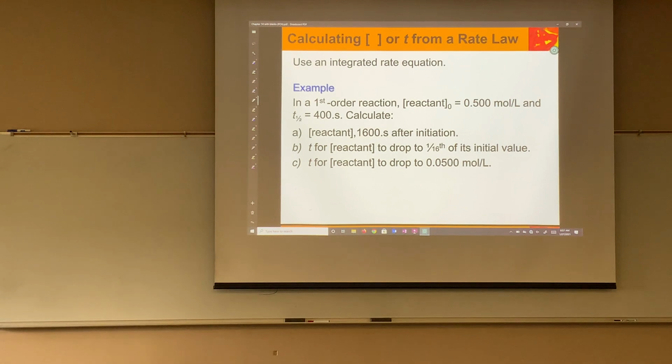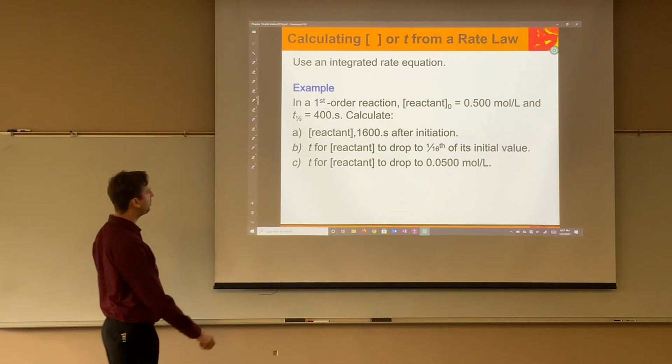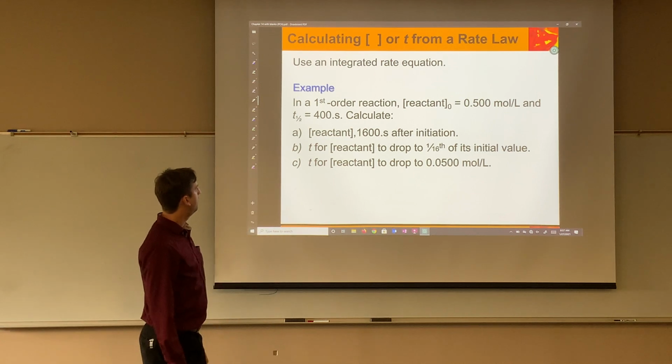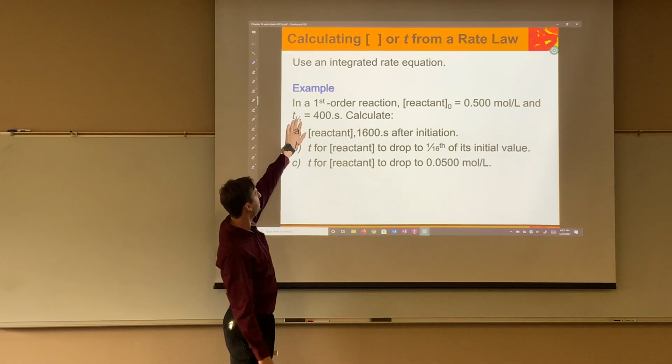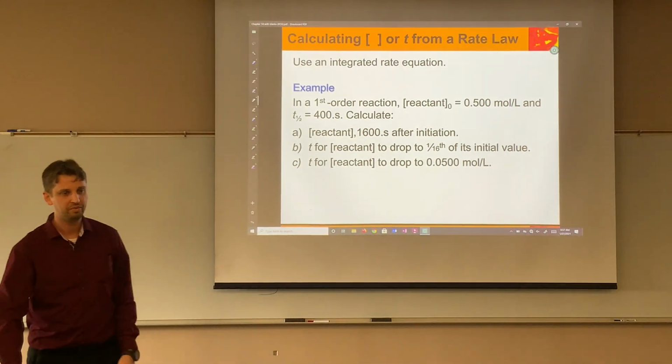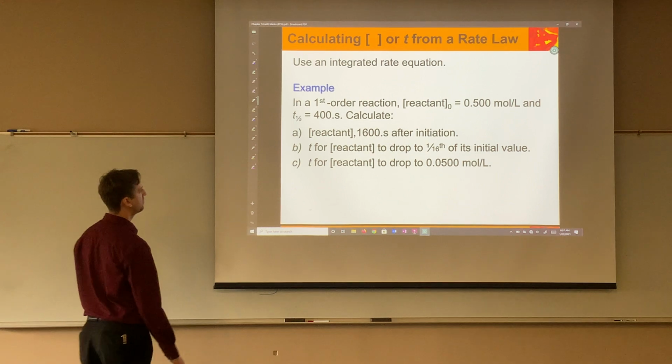All right, so let's think here a little bit. We have a first order reaction, and we give an initial concentration and the half-life, t 1/2 of 400 seconds. So there are 3 different things that we need to figure out.